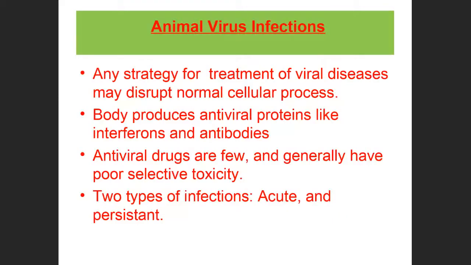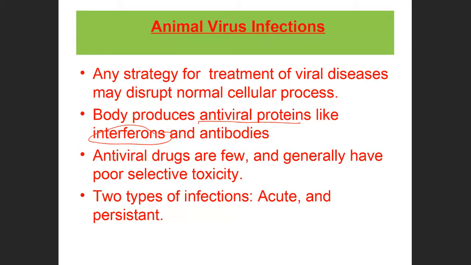The problem with an animal virus is that any strategy for treatment is going to disrupt the cell that houses the virus. Our immune system does have mechanisms to put the brakes on a viral infection. Interferons, technically speaking, are not really antiviral proteins, but they alarm cells to the presence of viruses and trigger them into making antiviral proteins.